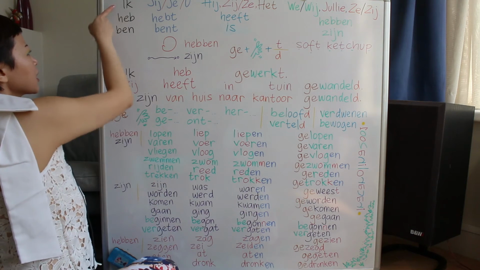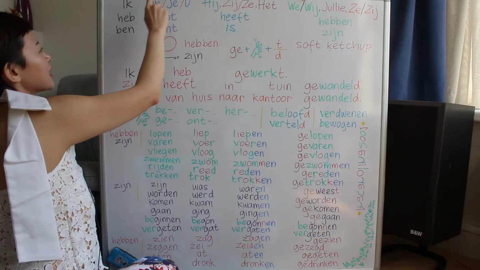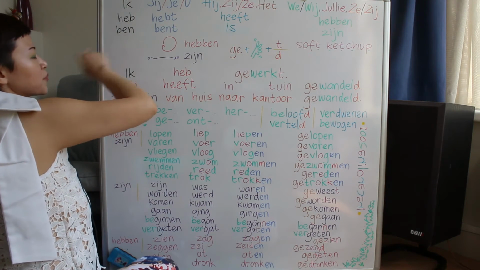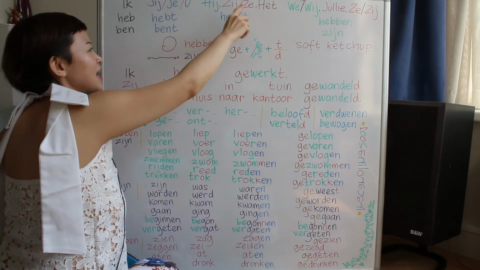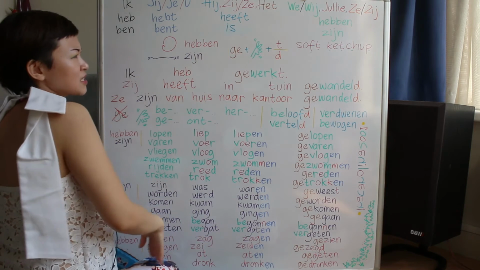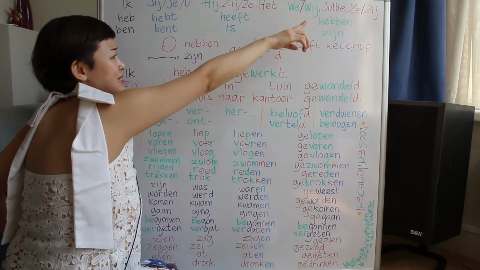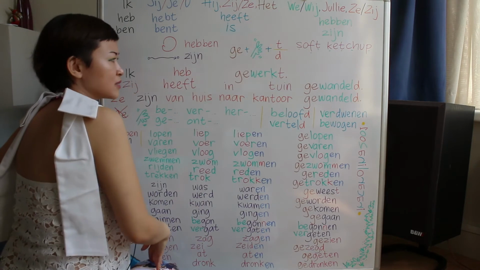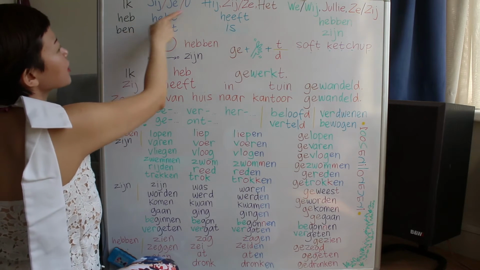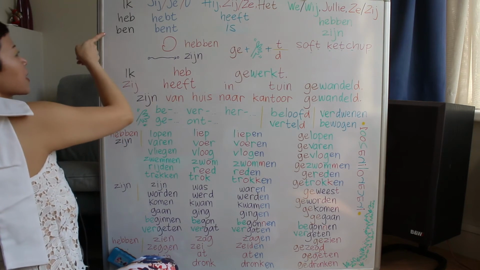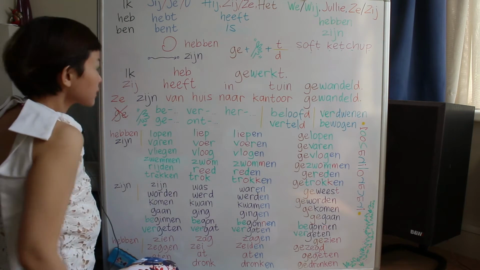Am: for ik, ben. For jij, je, u, bent. For hij, zij, ze, het, is. For wij, jullie, ze, zij, zijn. Yeah, this is for have, has, have, am, are, is, are.